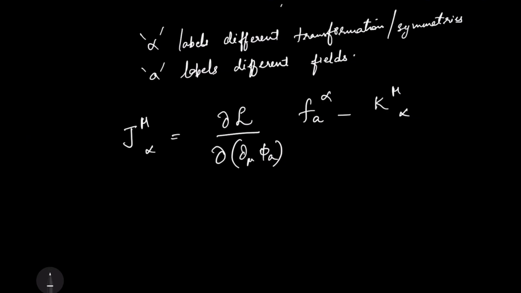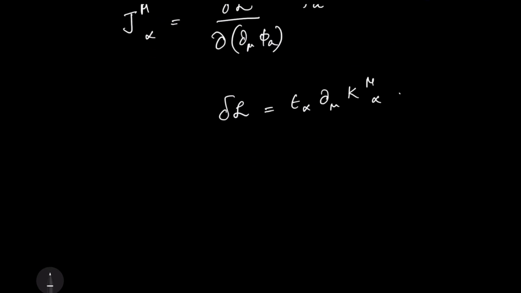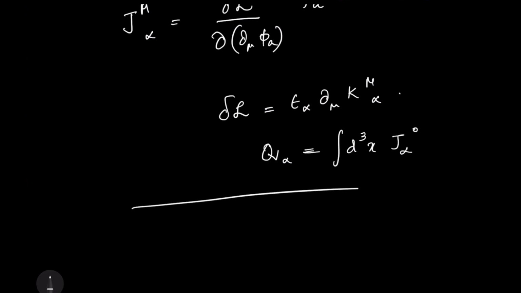The transformation is such that the variation in the Lagrangian density will be epsilon alpha del mu K mu alpha. Correspondingly you have a conserved charge Q alpha. So corresponding to each symmetry you have a conserved charge Q, which is equal to the integral of d cube x J alpha 0. So this is classical.